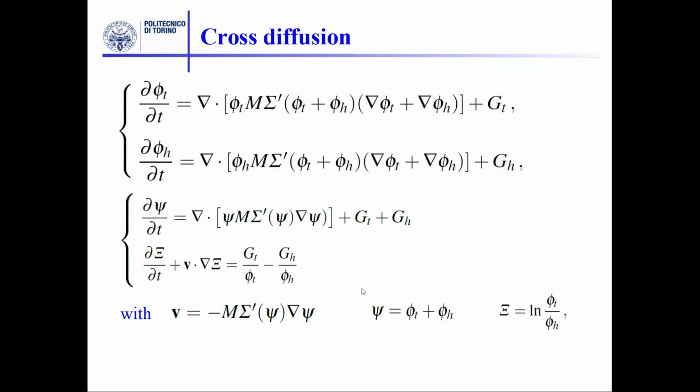So if you define chi, the logarithm of Pt over Ph, you have an equation for this chi that is not a diffusion equation. It's a transport equation. So at the end of this story, this system of two equations that looks like a system of parabolic equations is not a system of parabolic equations, because one equation is parabolic and the other one is hyperbolic. Okay?